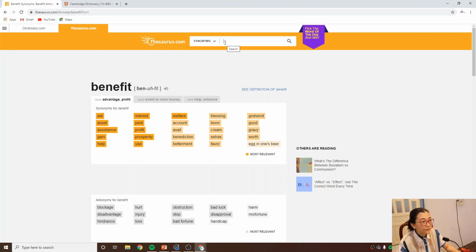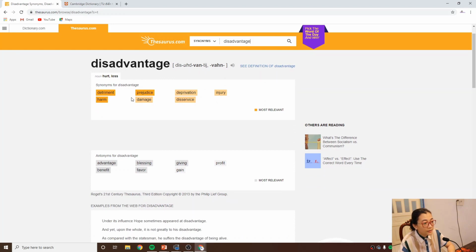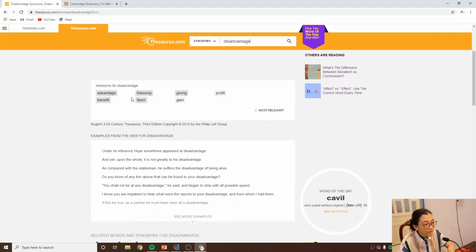There is kind of synonym dictionary. You can find synonym or antonym for any words that you like. For example, you type in the word disadvantage. So you can find many synonyms of the word disadvantage.